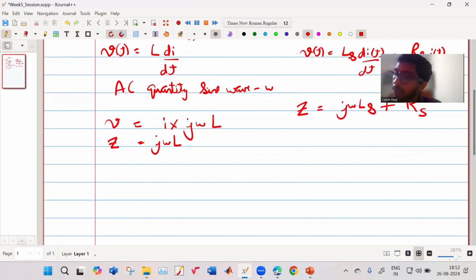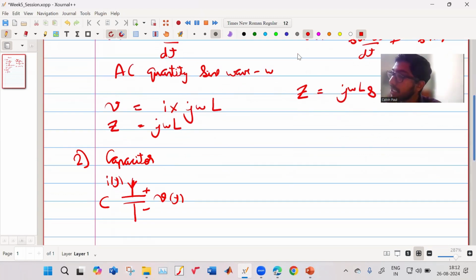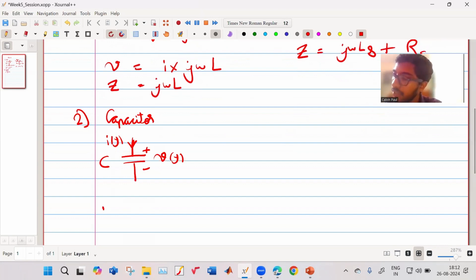Now let us consider a capacitor. Suppose this is my capacitor C. There's a voltage of V of t and the current which flows is I of t. So what is the relation? We know I of t is equal to C into dV of t upon dt.